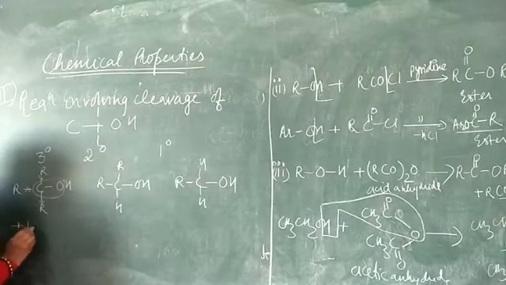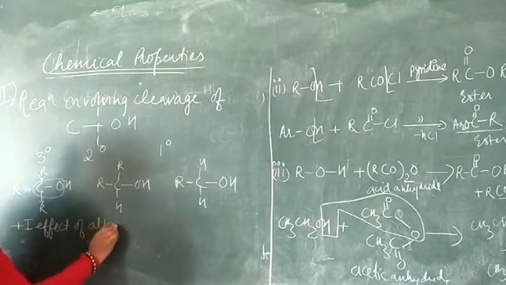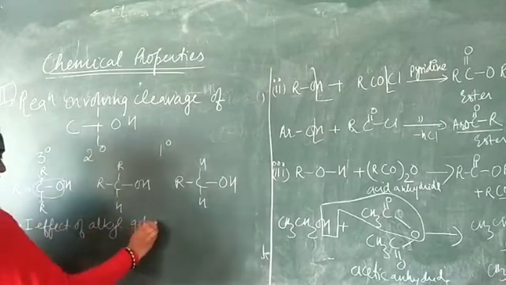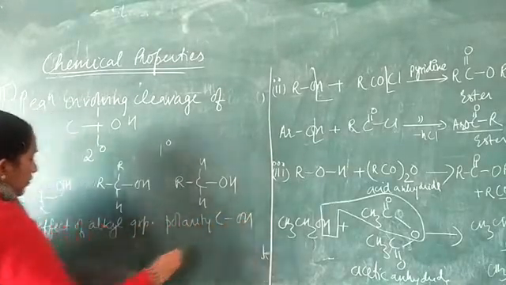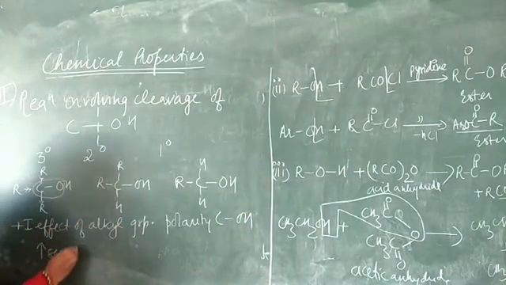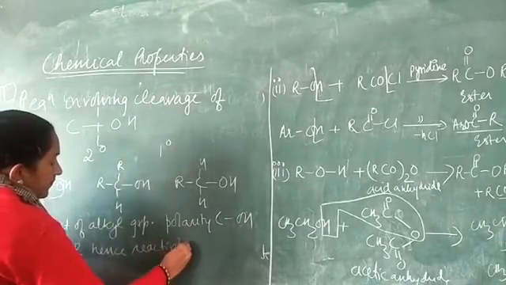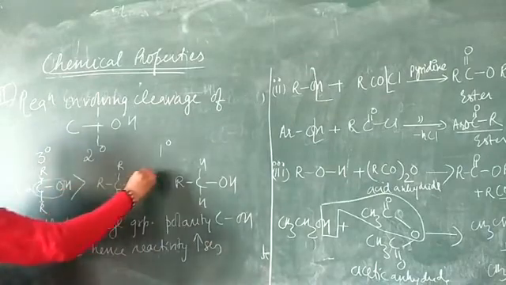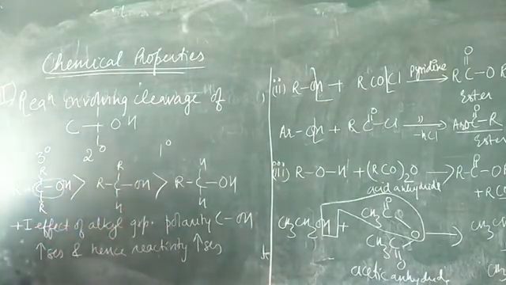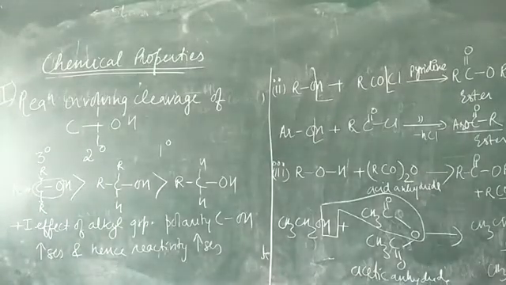Due to the plus I effect of the alkyl group, the polarity of the C-OH bond increases and hence reactivity increases. So among these three, the most reactive for cleavage of the C-OH bond is tertiary alcohol, followed by secondary and then primary.